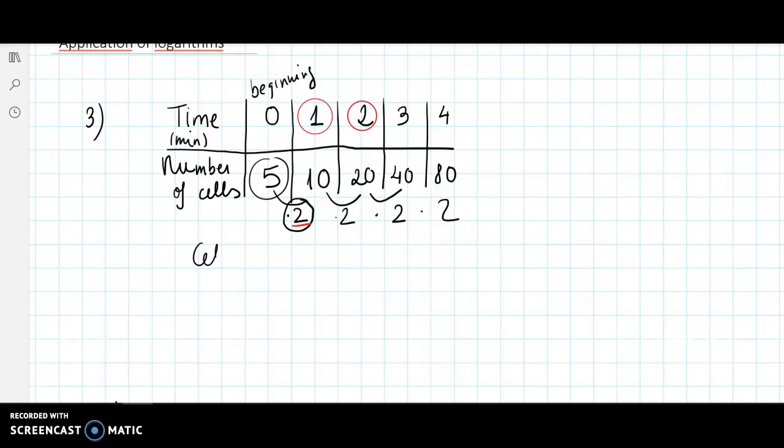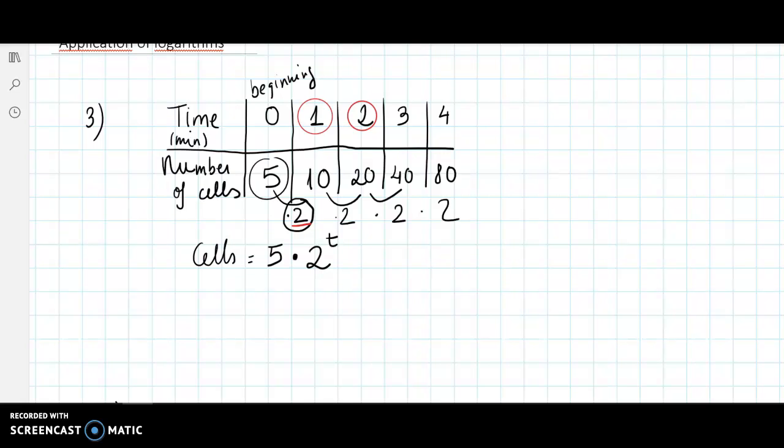So the number of cells is equal to the cells at the beginning, 5 cells, multiplied by 2 all the time. And this is a power that depends on the time, so 2 to the power of t.